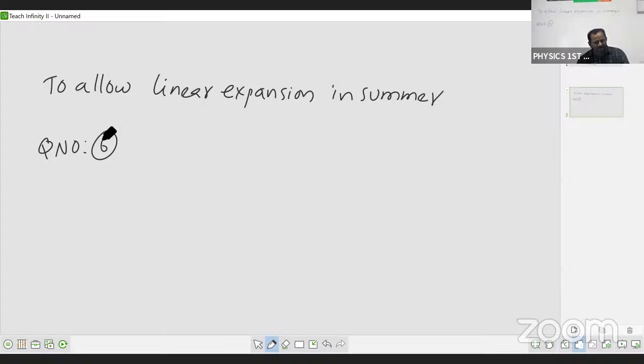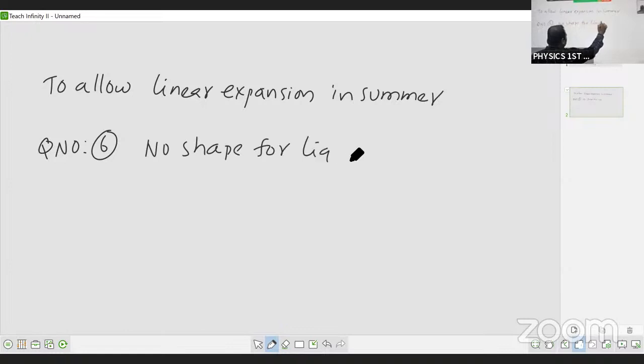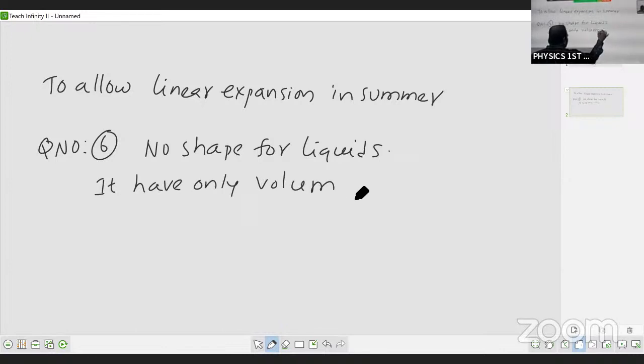That's why only volume expansion is there. Shape is absent. If shape were there, either length or area would come.